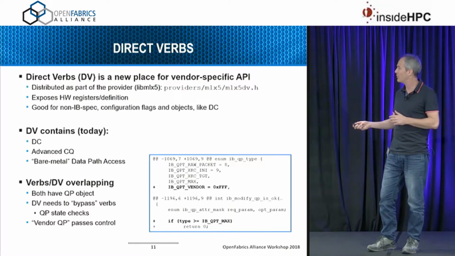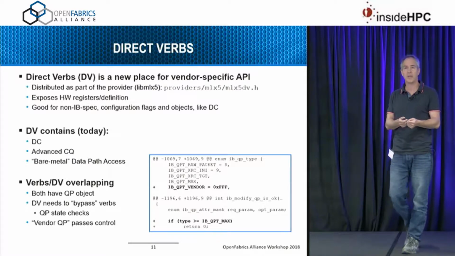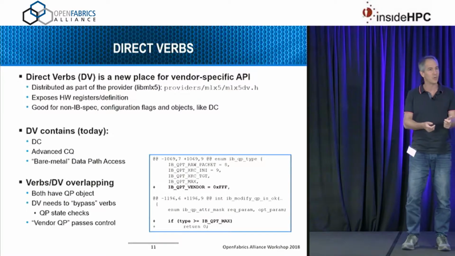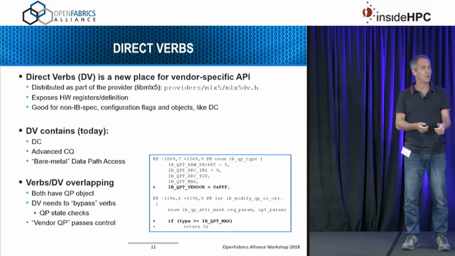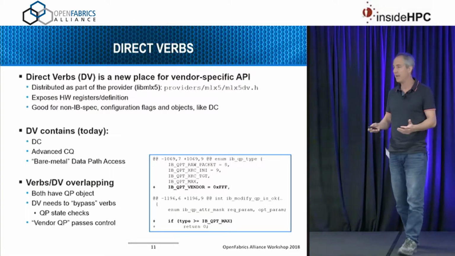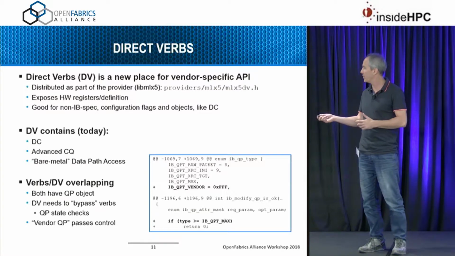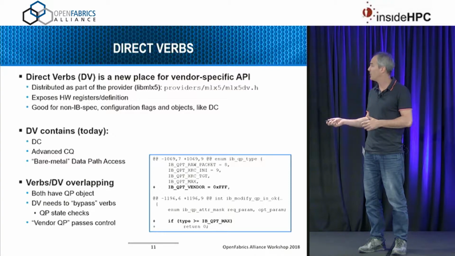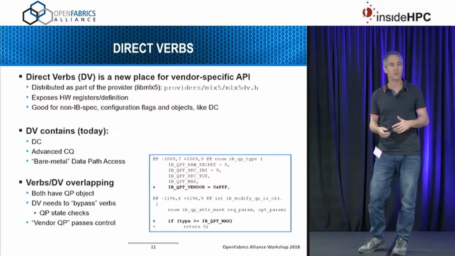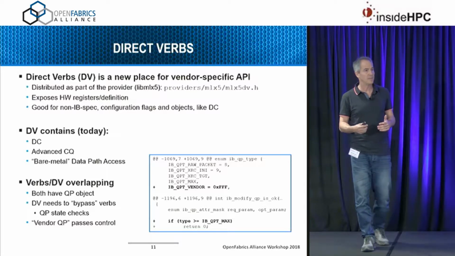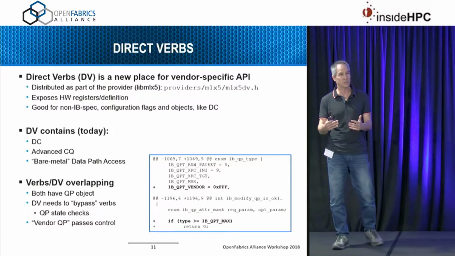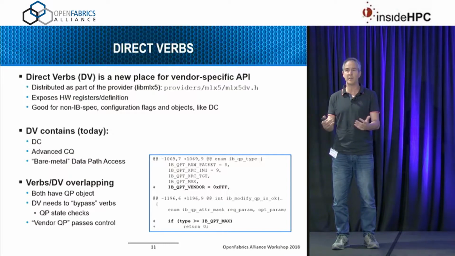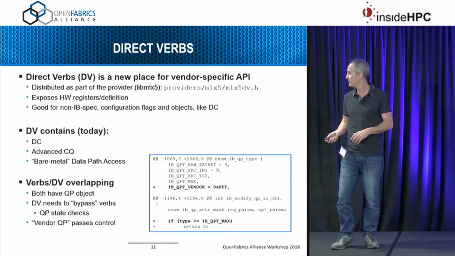So we have hardware registers and definitions which can allow the user to read the CQ directly from hardware and not use the IBV poll. That's where this started off. But it's also good for things like DC, where we have unique configuration flags or unique objects. So DV is the way for the application to access unique RDMA capabilities of different vendors.